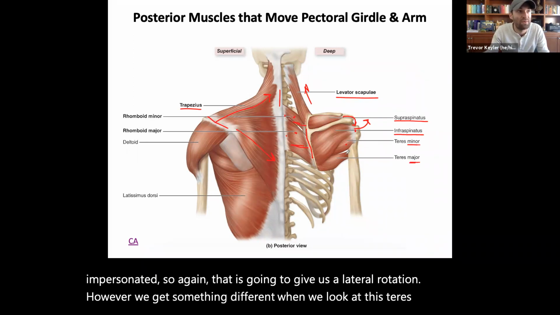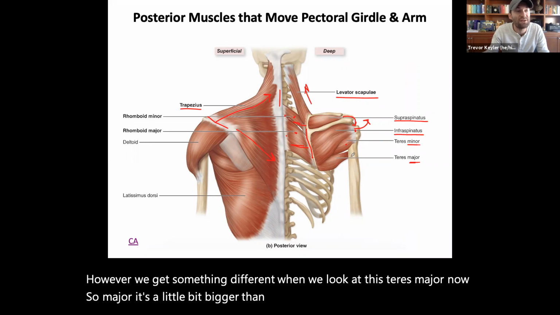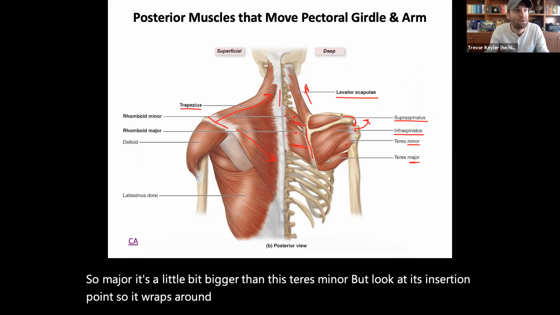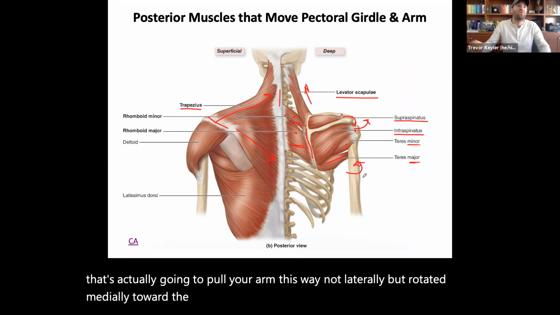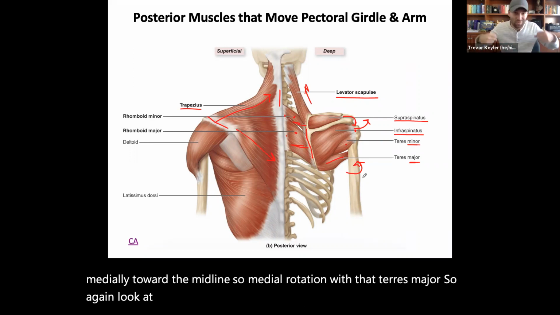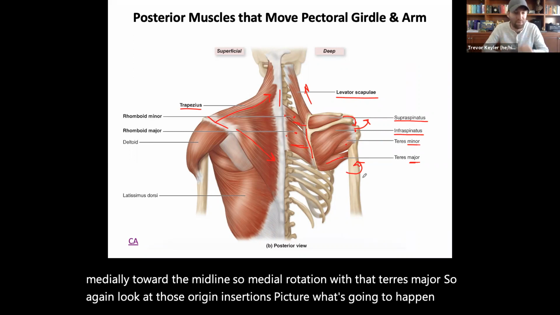So major is a little bit bigger than this teres minor, but look at its insertion point. So it wraps around to the anterior side. So picture this contraction. That's actually going to pull your arm this way, not laterally, but rotate it medially, okay, toward the midline. So a medial rotation with that teres major. So again, look at those origin insertions. Picture what's going to happen with shortening a fiber, and you can pretty much guess the action.